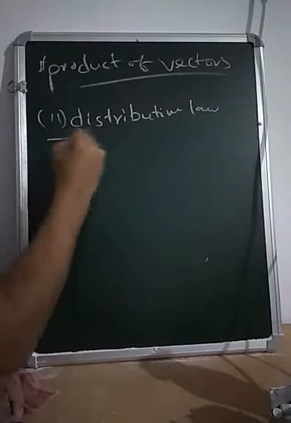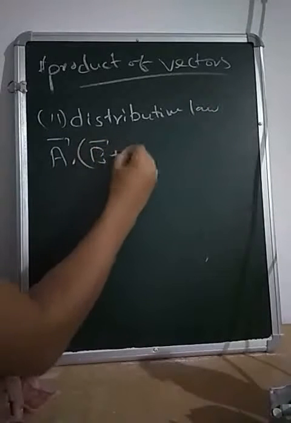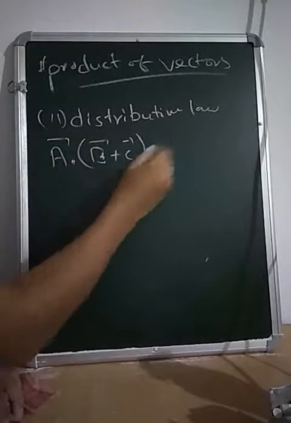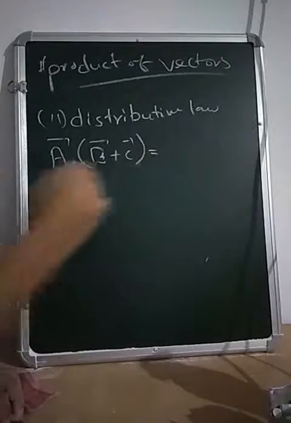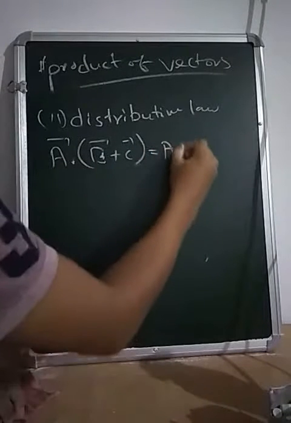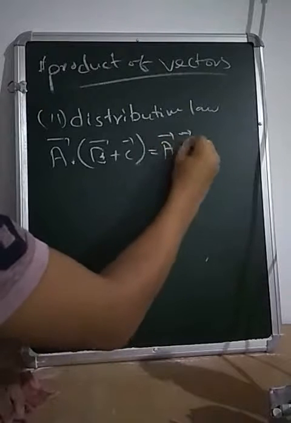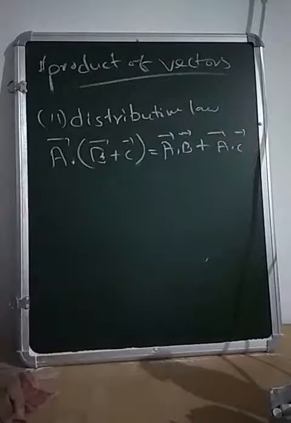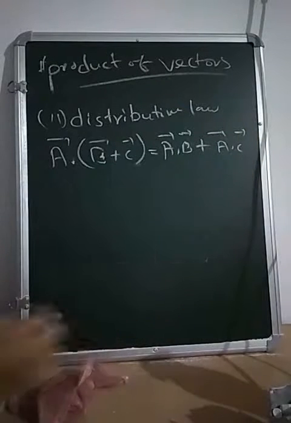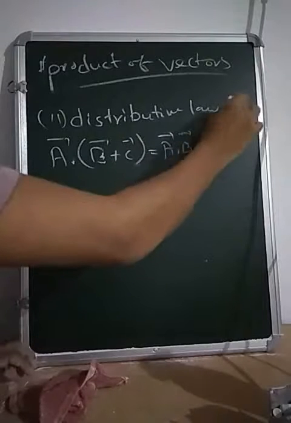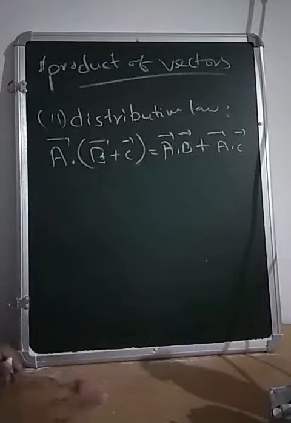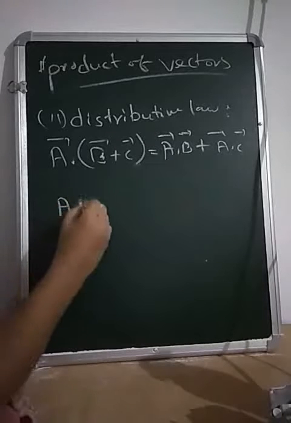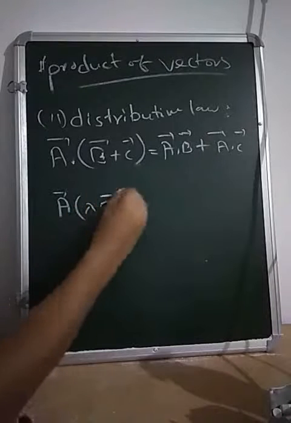Suppose there are three vectors A, B and C. Then A dot (B plus C) is equal to A dot B plus A dot C. So the dot product is distributive. Or we can write, suppose A into lambda B, where lambda is a constant.